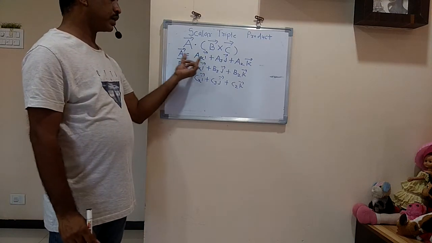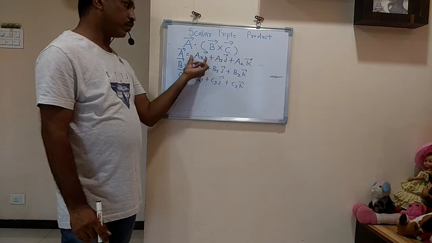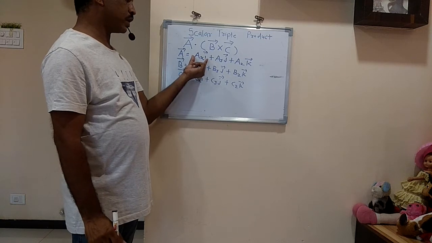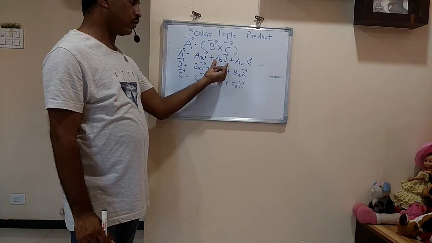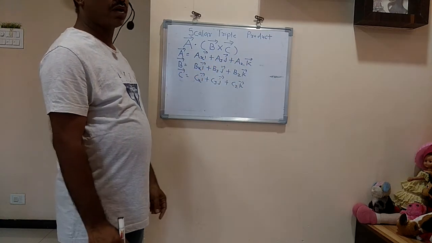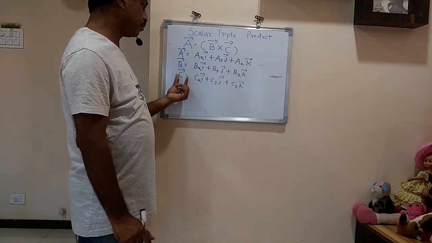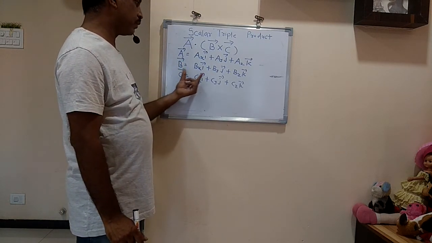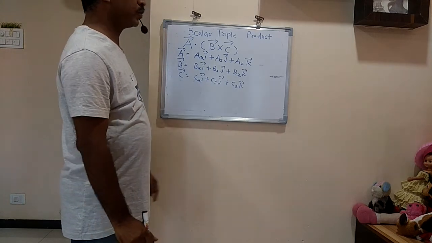So we can write vector A in its components: ax is the component along the x axis, ay is the component along the y axis, az is the component along the z axis. In the same way, we can write vector B and vector C in their components.